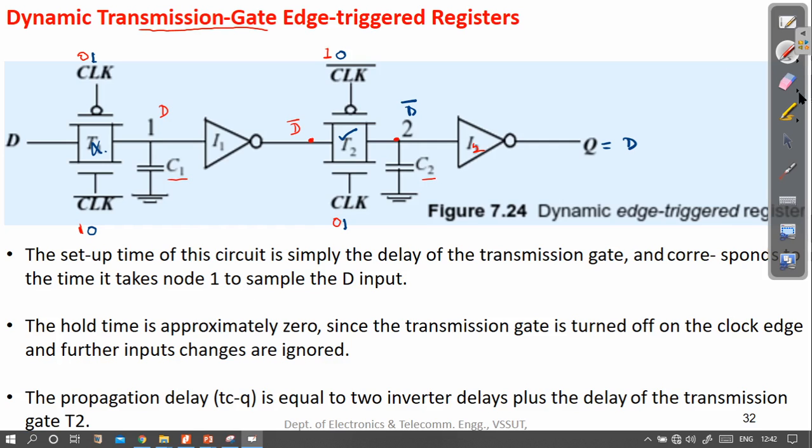Now for this circuit, the setup time. Remember these timing metrics that we had defined some one or two classes back. Setup time was the time required just before the actual capturing of the data.